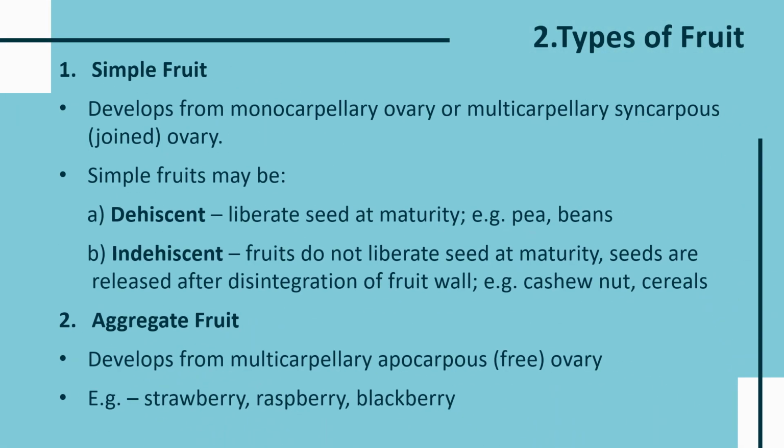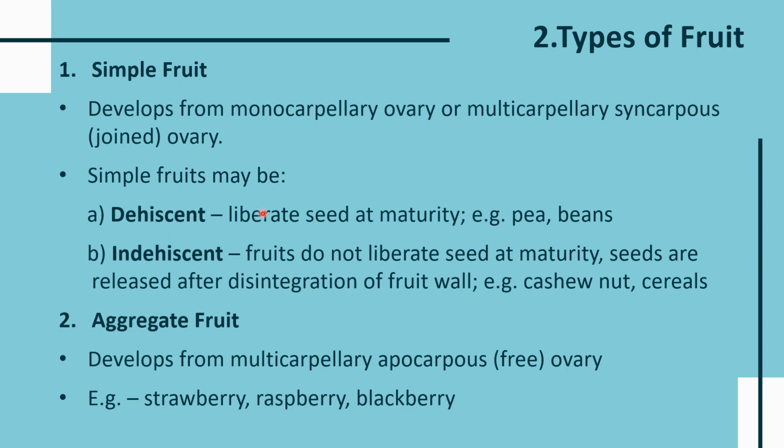Another way of classifying fruits is to divide them into simple, aggregate or composite fruit. A simple fruit will develop from a monocarpellary ovary or a multicarpellary syncarpous ovary, where the pistils are joined.